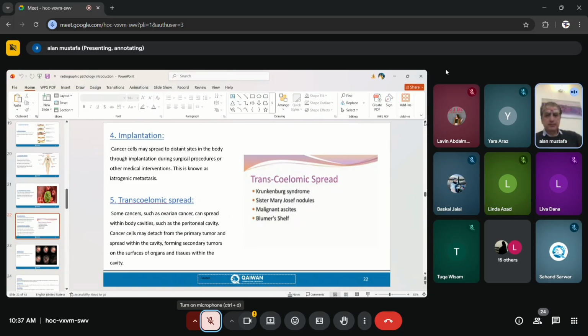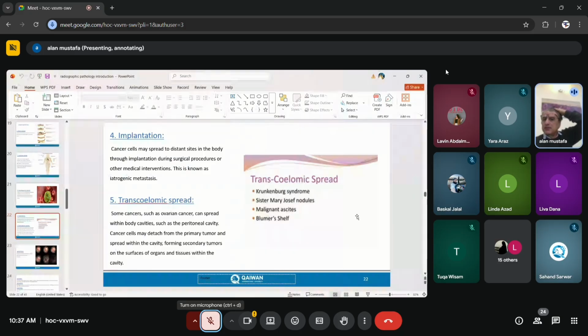During excision I might implant the cancer cells somewhere else. And then we have something called transcoelomic spread. You have to know the difference between these. If you look at this slide, on the right-hand side, a few things are mentioned: Krukenberg tumor, Sister Mary Joseph nodule, malignant ascites, and Blumer shelf.